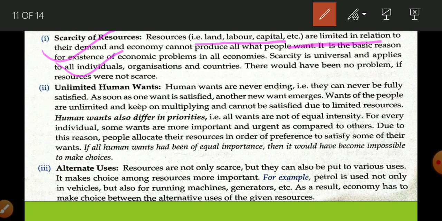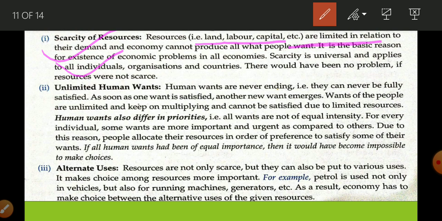We want to purchase an AC, a bike, a car, we want to have all accommodation in our home, but the monthly income of your father or mother is limited, 1 lakh, 2 lakh, 50,000, 10,000. With 10,000, 20,000, 30,000 or 5 or 6 lakh, you are not able to do all the things you want. So that is known as scarcity of resources.